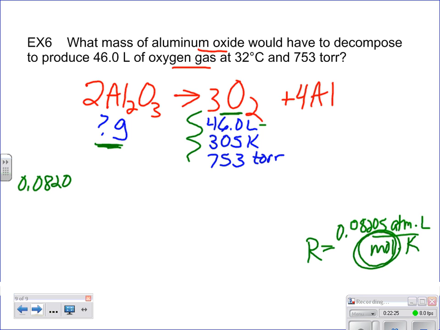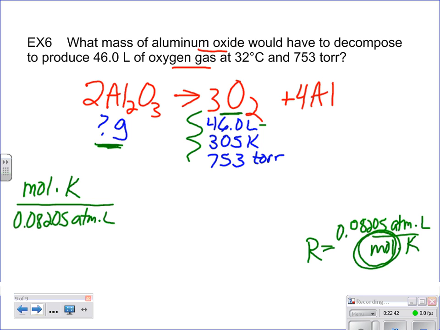0.08205. Okay, I just messed that up because I said we want moles in the numerator and I did not write it that way. So we want moles Kelvin in the numerator, 0.08205 atmospheres liters in the denominator. I did that so that I could get my moles in the numerator. So now I just see what I can get to cancel out.